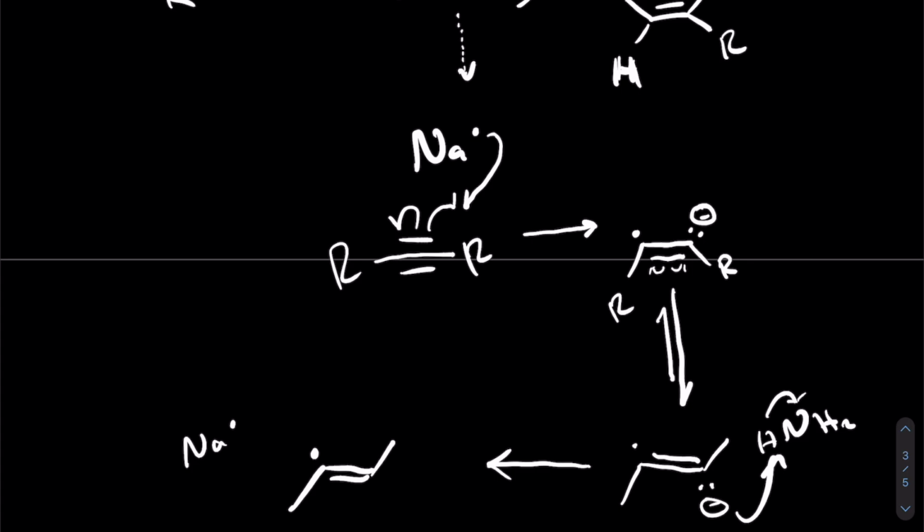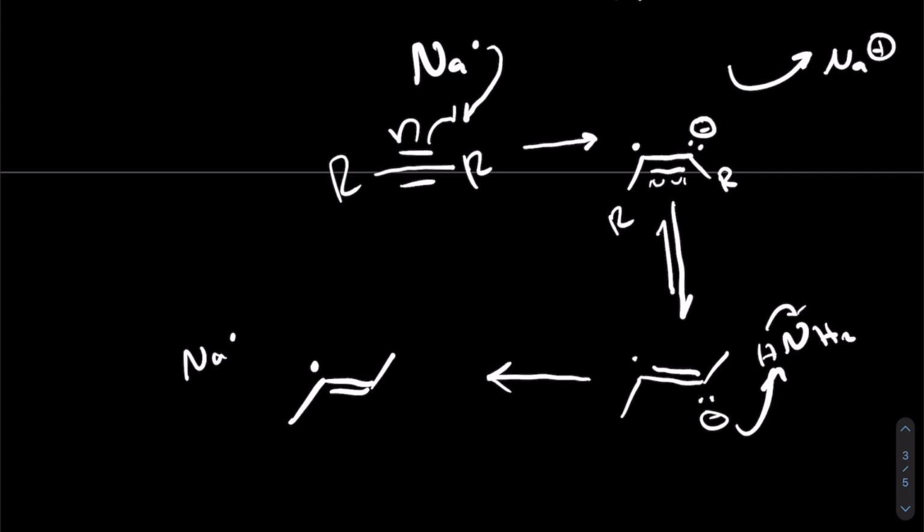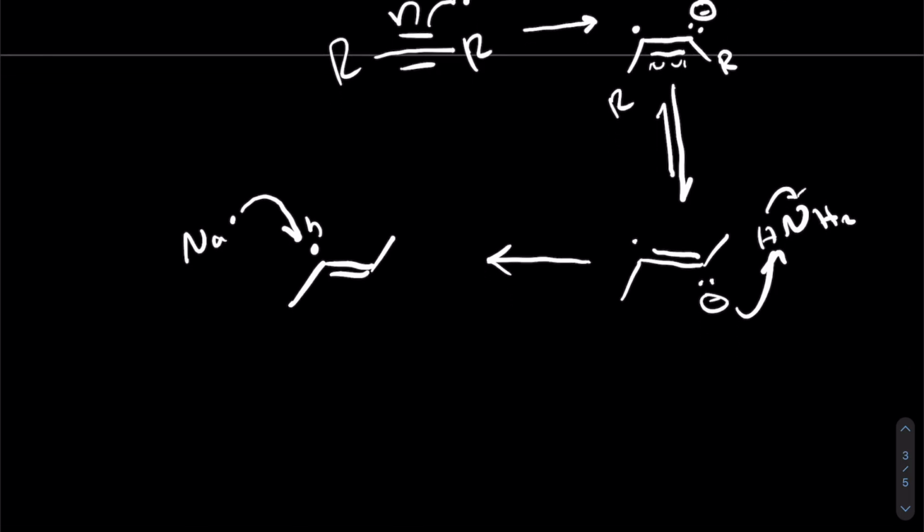I should fill you in right here. Sodium's getting rid of this electron, so what comes off here is actually sodium plus, the sodium salt. And it's going to do it again here. It's going to say, hey bud, have my electron. And it's going to be like, oh, if you're giving them away.